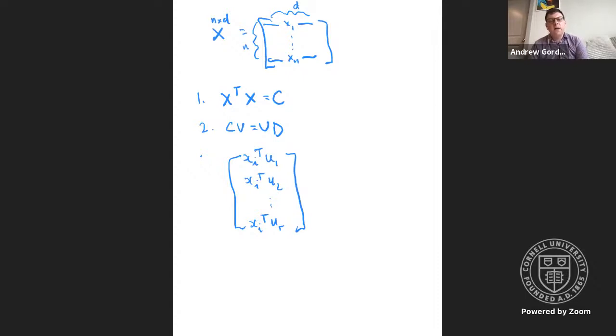It turns out the solution is v1 to vr, which are just the eigenvectors of the empirical covariance matrix of the data. This has an interpretation of minimizing the distance between our original data points and their orthogonal projection onto some kind of plane. So that's the vanilla PCA derivation and interpretation.